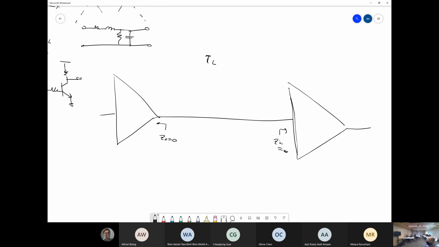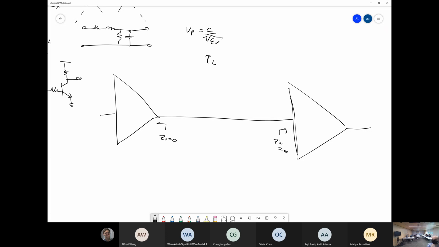Now, what you need to know about is you have some sort of propagation velocity. Your propagation velocity through your coax is the speed of light times some velocity factor.